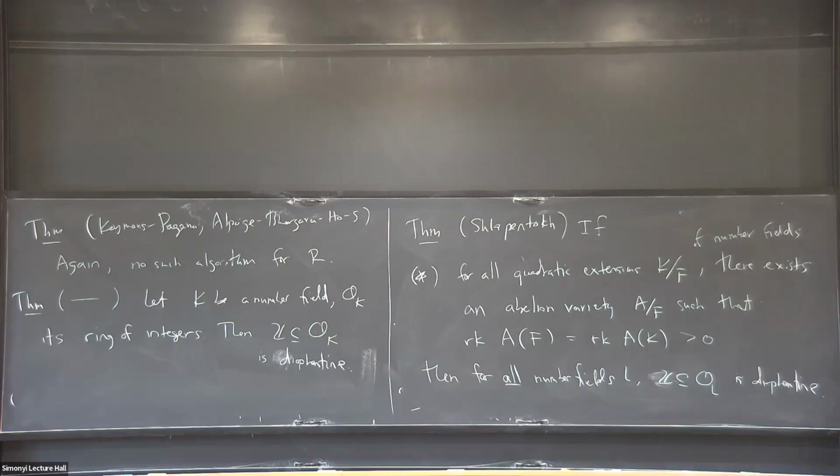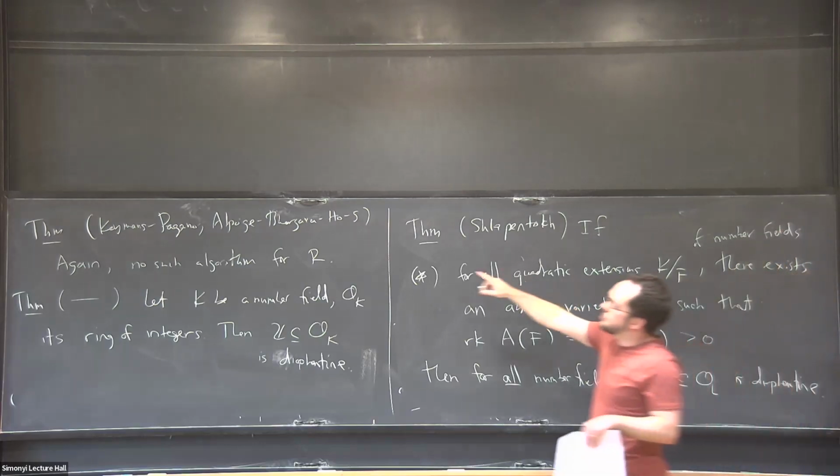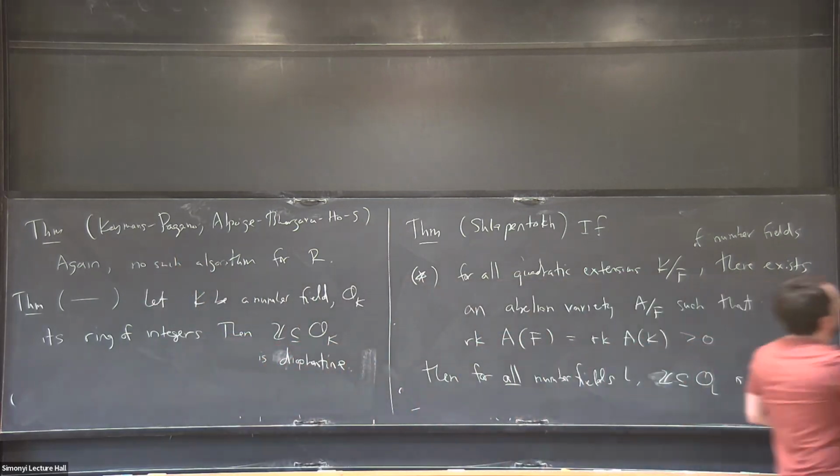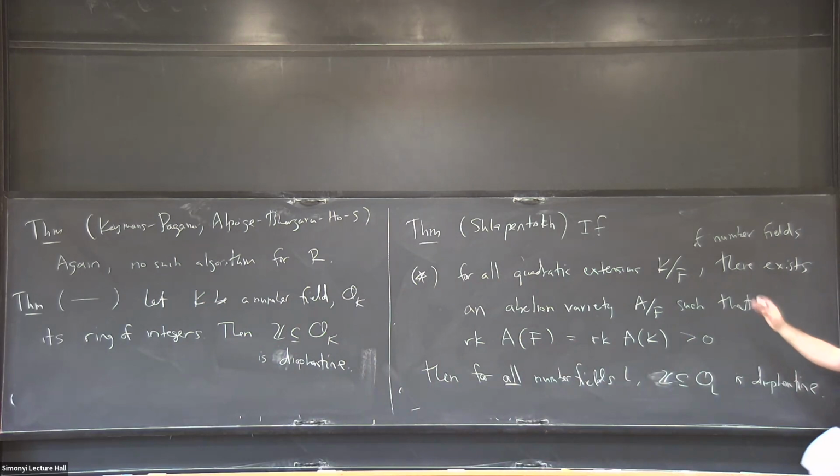So I'll just write down the theorem. So we use higher dimensional abelian varieties. This other group, Koymans and Pagano, they use elliptic curves. But if we want a statement that just says that star holds, we should use our result. So this is the same set of 4 authors over there.